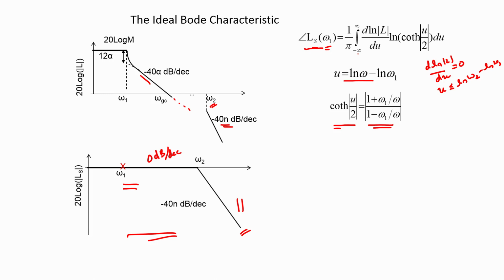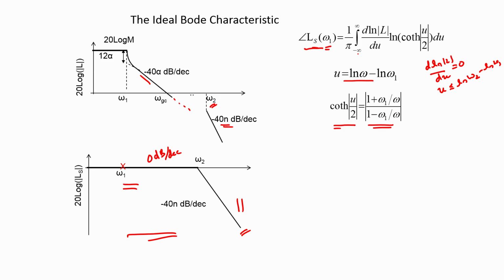Now, when we are talking of the slope as being minus 40 n decibels per decade, we know that the x axis is log to the base 10 of frequency, and the y axis is 20 times log of magnitude of L to the base 10.